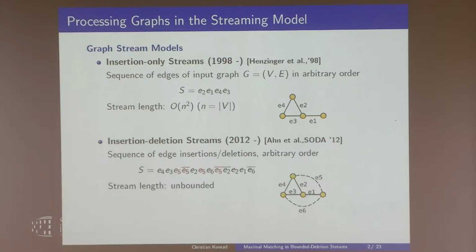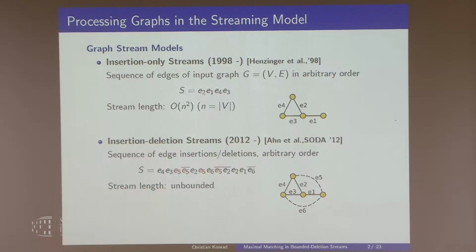But there's also an insertion-deletion model. In this setting, besides edge insertions, we have deletions as well. Here in this example, we see that we have a sequence that describes the exact same graph. We just see, for instance, that an edge that's highlighted, E5, is inserted and deleted again.